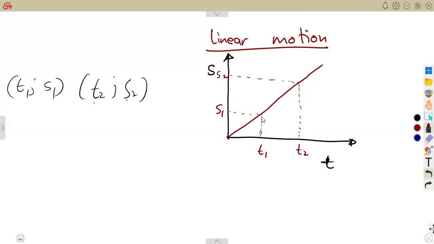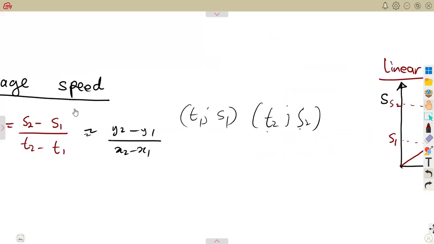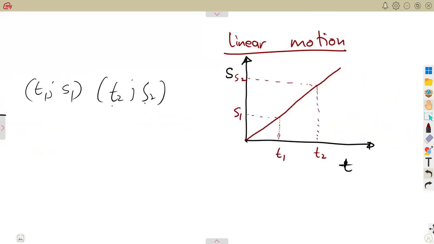So that is simply the change that is happening. Velocity is the change in displacement over the change in time. So the change there, s2 minus s1, over the change in time from t1 to t2, which is t2 minus t1. The change is maximum minus minimum. That's where it was taken from.